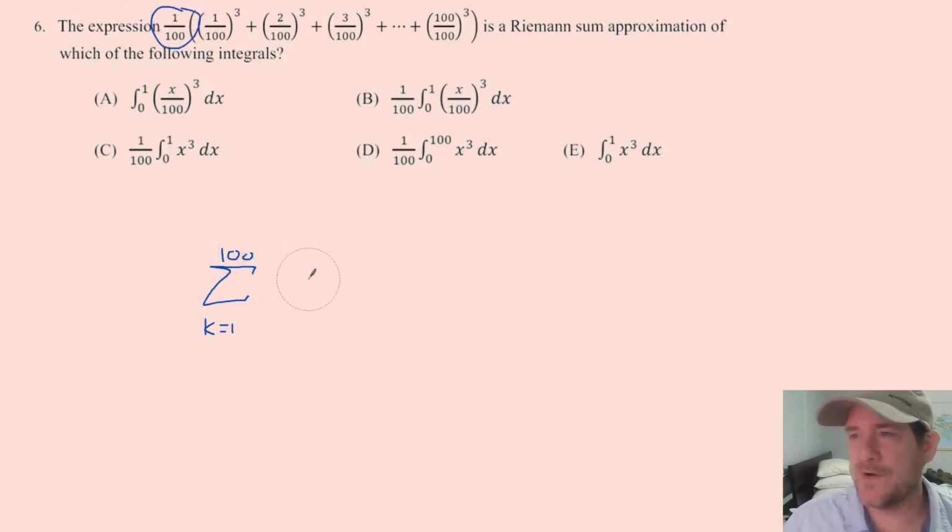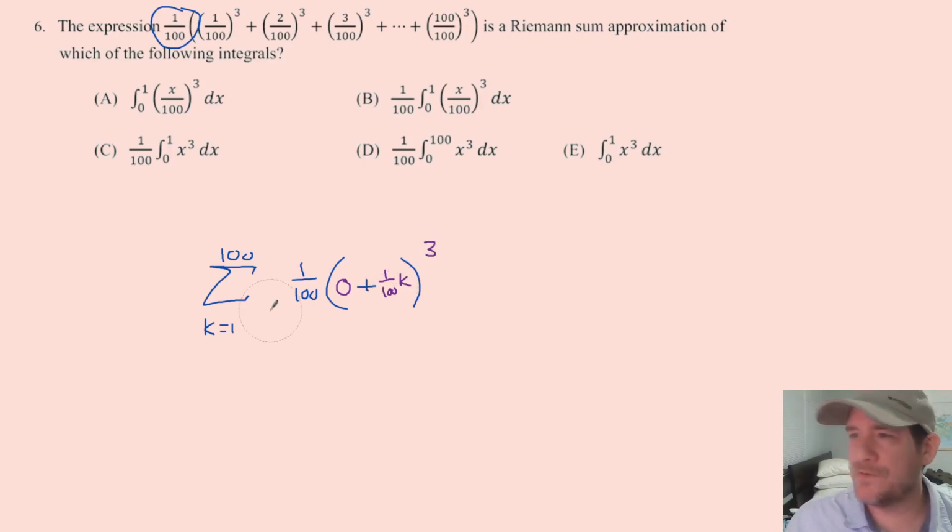We've got the same 1 over 100, and then we're multiplying that by 1 over 100 cubed. If you're trying to break that down, that feels a heck of a lot like an a value of 0 plus the 1 over 100 times k, and then that whole thing getting cubed.